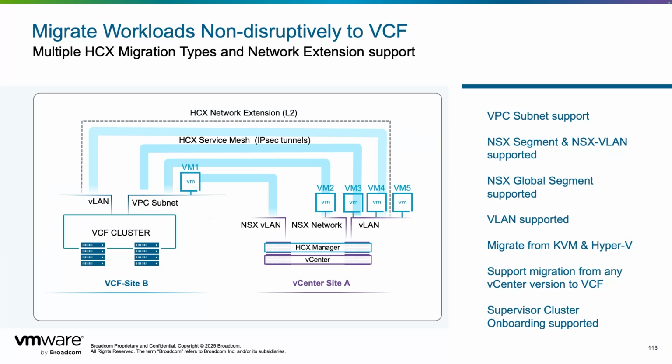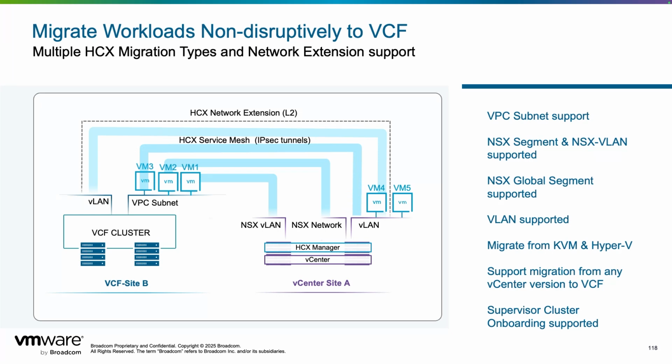Similarly, if a customer has a virtual machine running on an NSX overlay network, they can non-disruptively migrate into VPC subnets. And if they have a virtual machine running on a regular VLAN, they can also migrate from there to a VPC subnet.